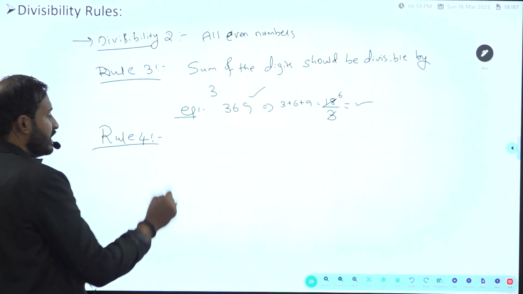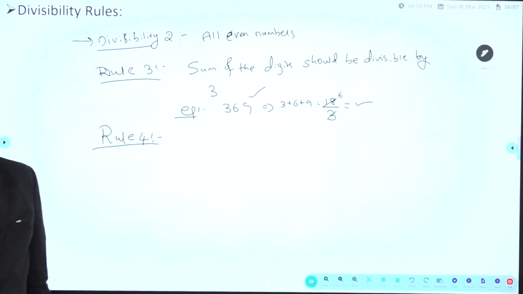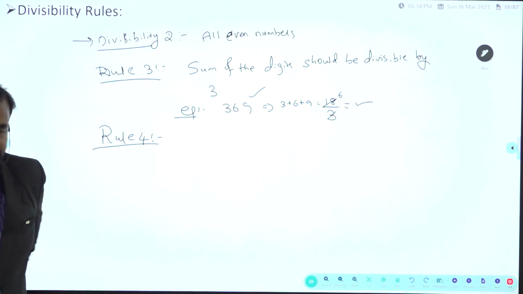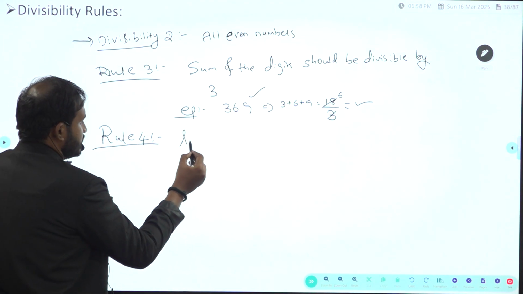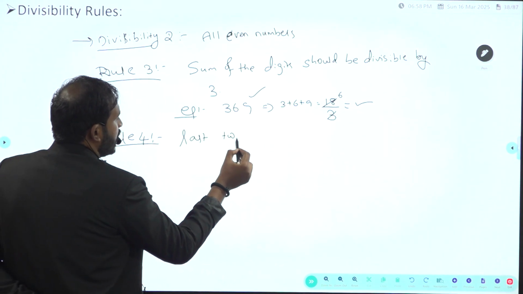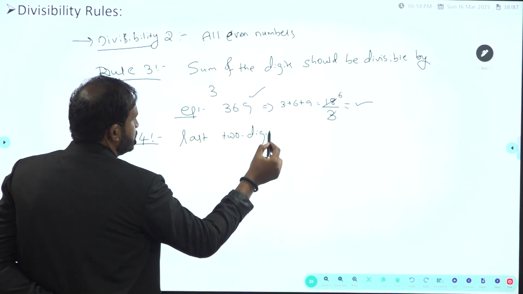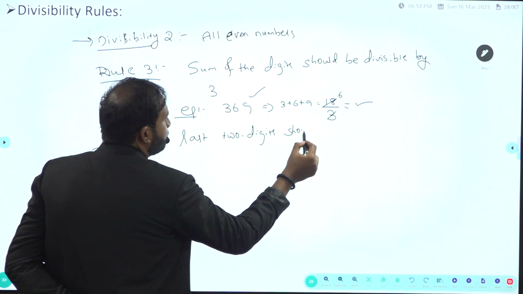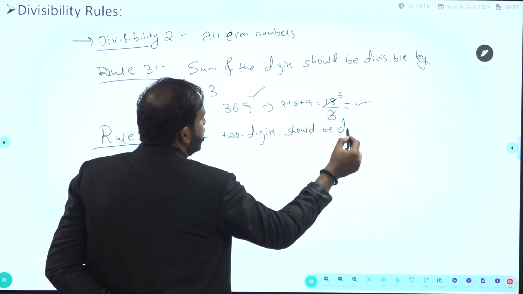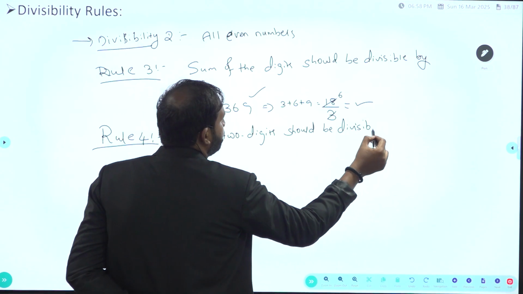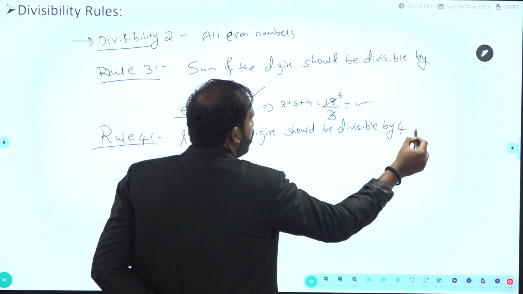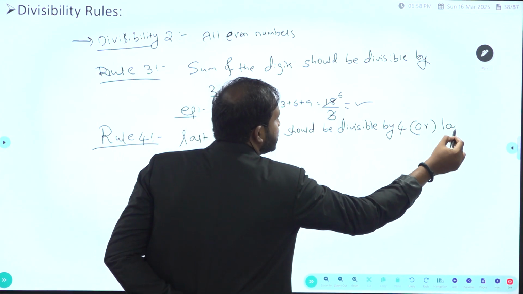We will use the applications of these rules, that is the reason you need to know this. If the last two digits are divisible by 4 or the last two digits are zeros.